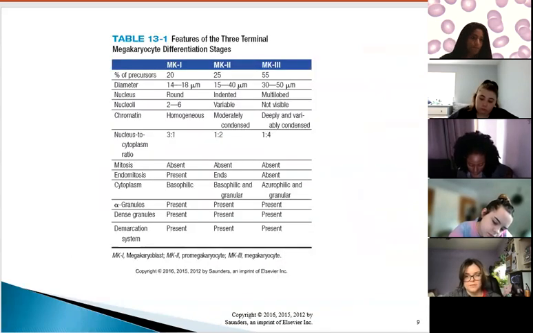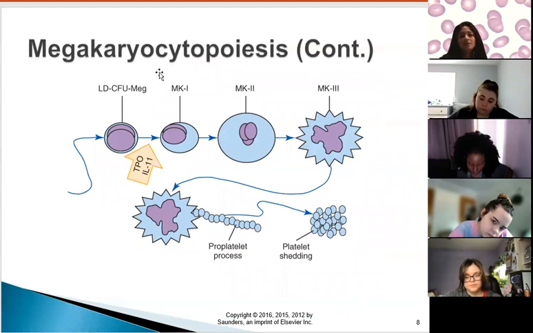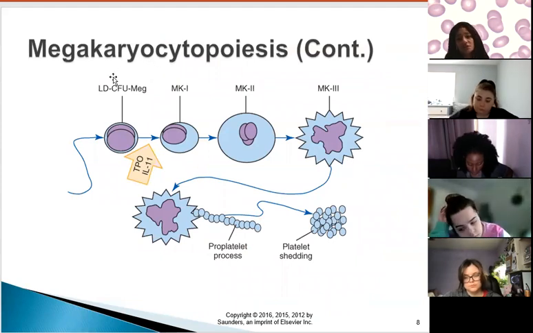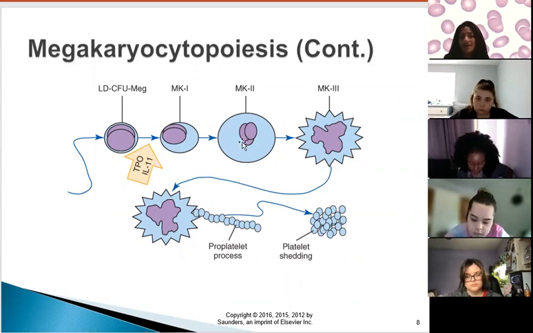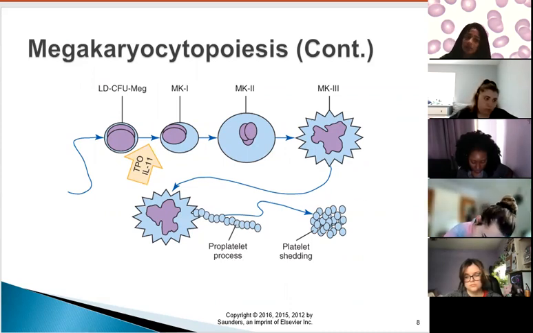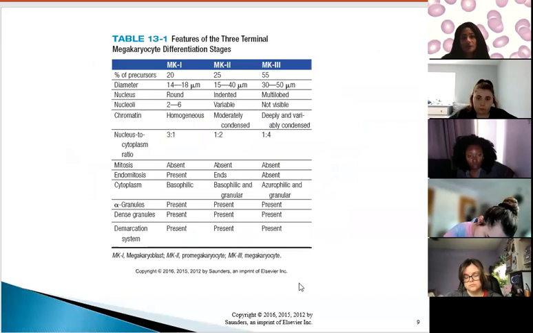This is the differentiation from the stem cell to your MK1, MK2, and your MK3, which is actually the megakaryocyte. The megakaryocyte will create the platelets from things called platelet processes, which extend out from their cell membrane, and then eventually these will shed into the platelets that you see in the blood. And I'm going to get to that in a little bit.